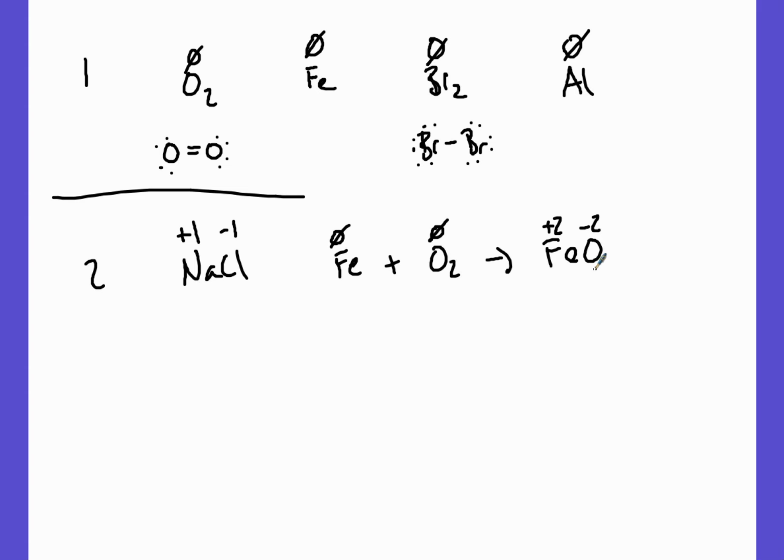It's the ferrous version of iron. So it'd be a ferrous oxide, as opposed to, it could have been a ferric oxide, but that would have looked a little bit more like this, because this oxygen is a -2 still, but the iron's a +3. It takes 2 +3s to balance out 3 -2s.